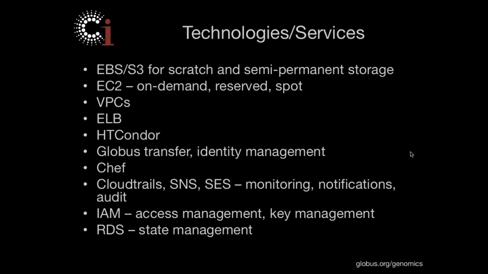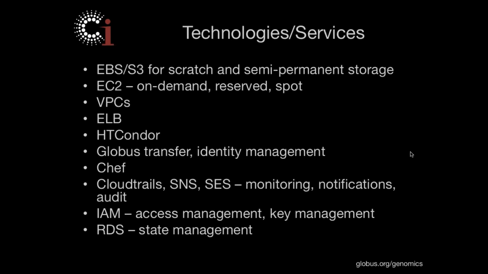All of this software is encoded in a bunch of Chef recipes. Chef is a tool that we used. There are a lot of other tools for configuration management. We use Chef for various reasons.